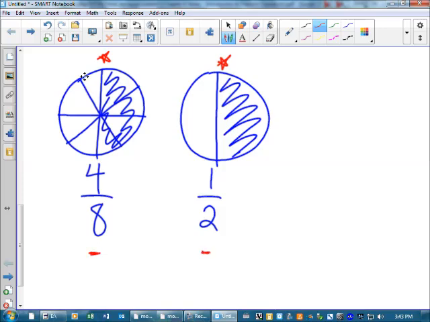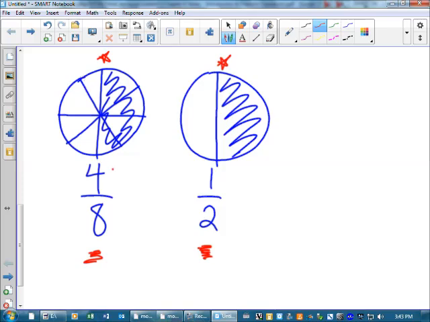They have exactly the same value, but they have different numbers. Now, when we're told to reduce fractions or put them in lowest terms, we want to take a fraction like this one here, and get it as small as we can as far as the numbers involved. That's being reduced.